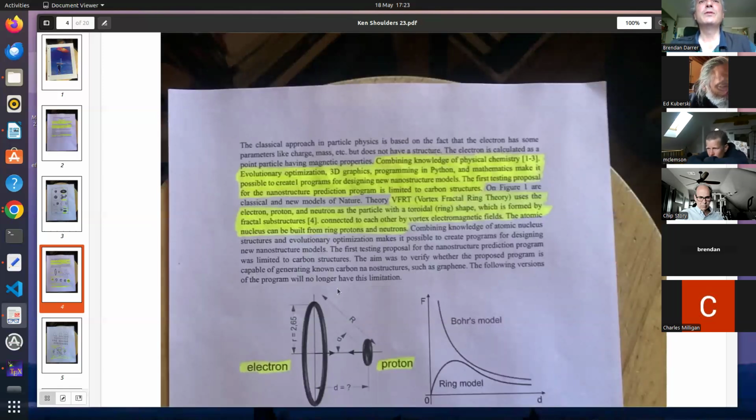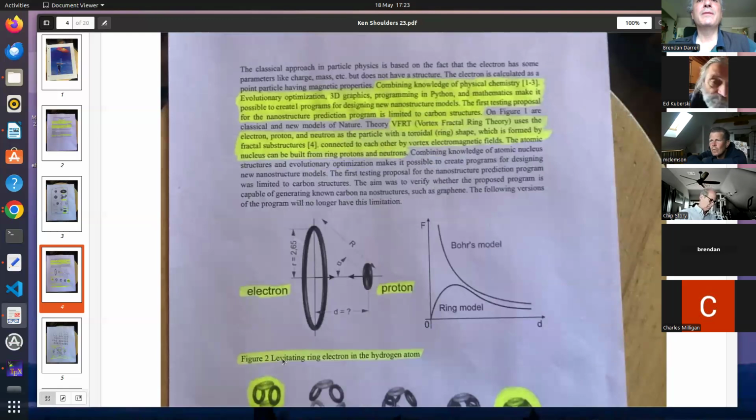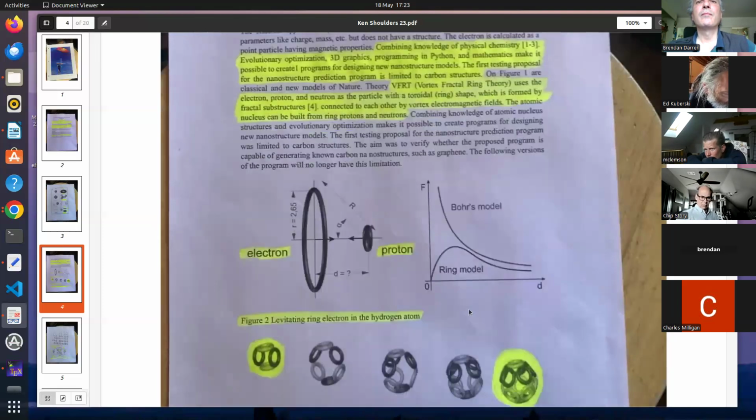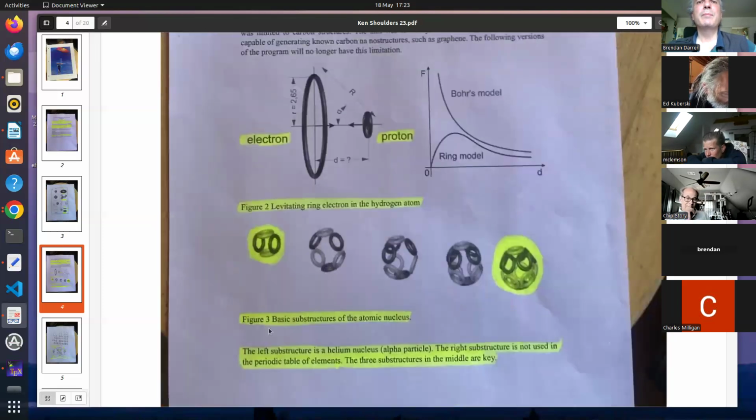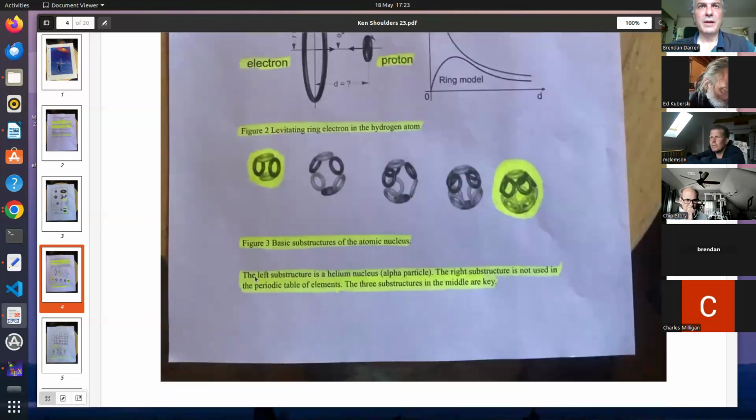The following versions of the program will no longer have this limitation. So we see figure 2, levitating ring electron in the hydrogen atom. Figure 3, basic substructures of the atomic nucleus. The left structure is a helium nucleus, alpha particle.